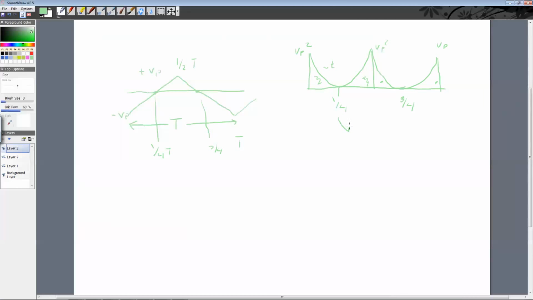So again, I just make my life easy, and yeah, I can just multiply 4 times the period and go 1/4 t to 1/2 t, right? But I would still have to do some kind of offset. So I'm going to change the x-axis here, right?